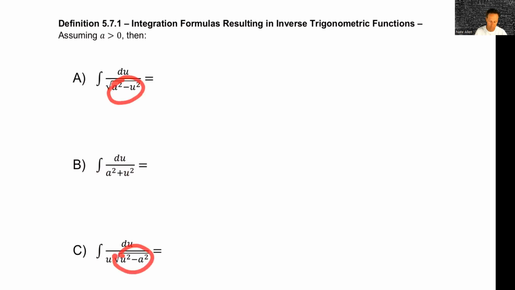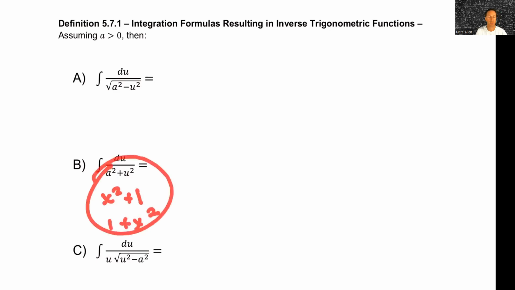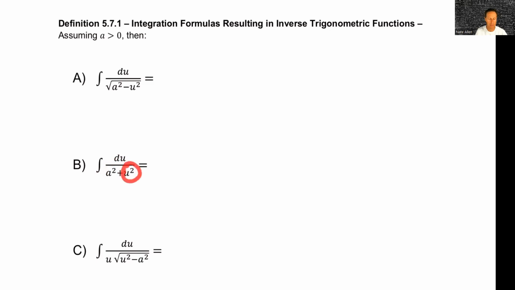Here the order really matters, which one's positive and negative, where this, it can be listed in either order. They could have, for example, an x squared plus 1 or a 1 plus x squared, and you need to know that those are one and the same. Now, I don't mean that a and u are the same, but of course, a being the value and u being the function.